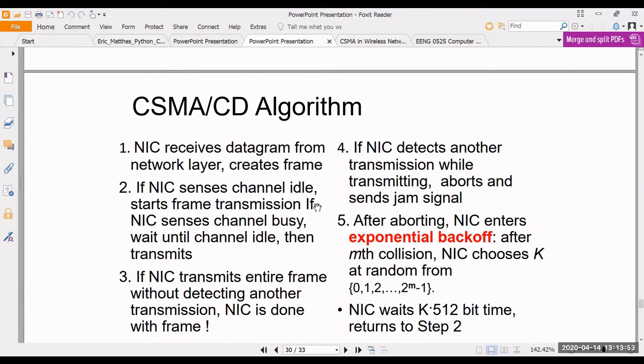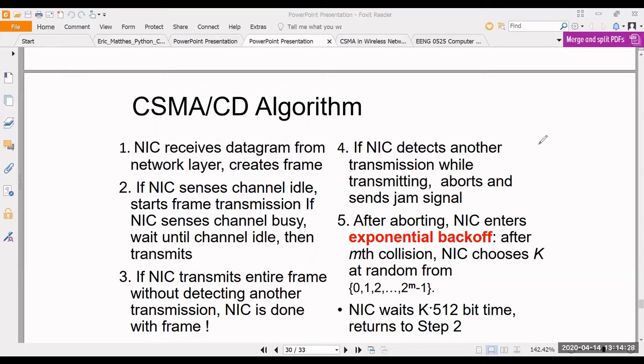Assuming there's a collision, the first bits of A crash into the first bits of C, and then they back off. When they back off, they send jam signals onto the line. That signal indicates that there has been a collision. So we wait, and after a certain time we come back to sense, and then start transmitting.